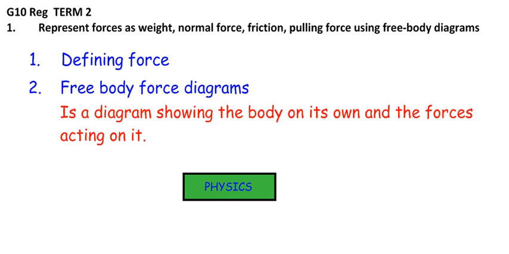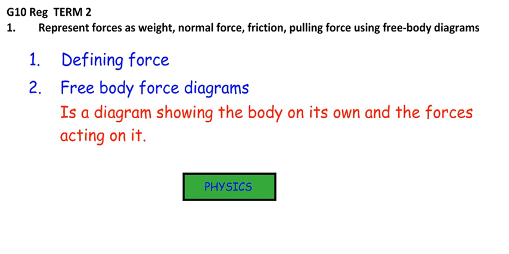This could represent our diagram of a physics book, or it could represent our diagram of a person. The diagram shows the body on its own, but to make it a free body force diagram, we need to show the forces that are acting on it.